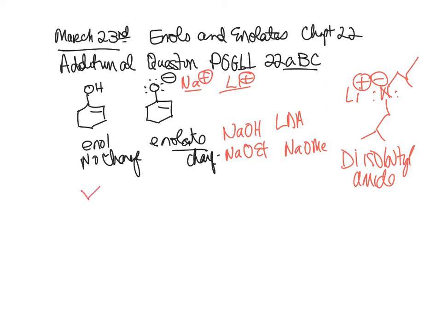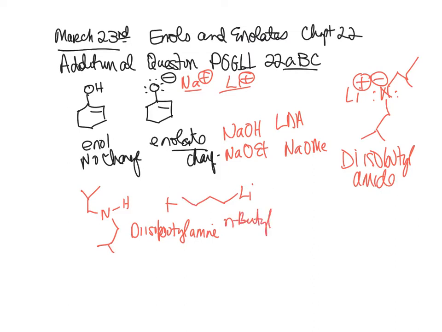You basically take diisopropyl amine and you react it with n-butyl lithium. And this does acid-base chemistry. This is actually your base, and this is your acid here, and it will deprotonate. This is your acid. What's the pKa? Remember we said amines are about 36.